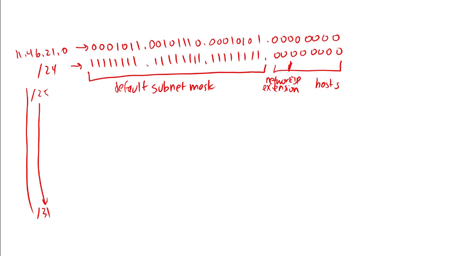So you already know. If you chose, let's say, 30, for example, I'm going to make a /30 here, and we're going to write out 30 ones. So you already know these are 24.